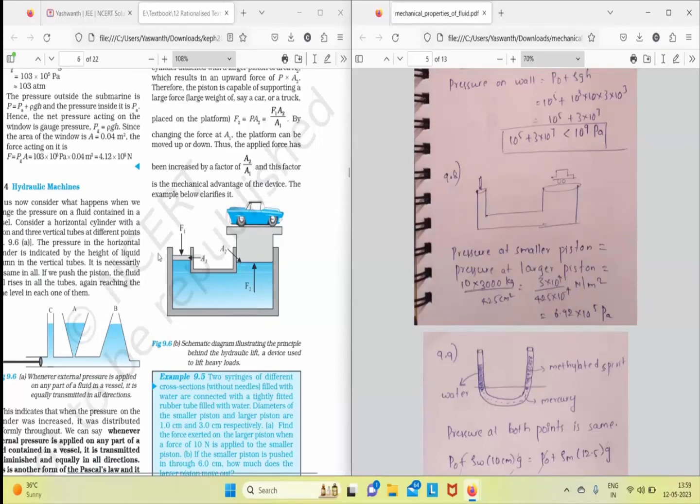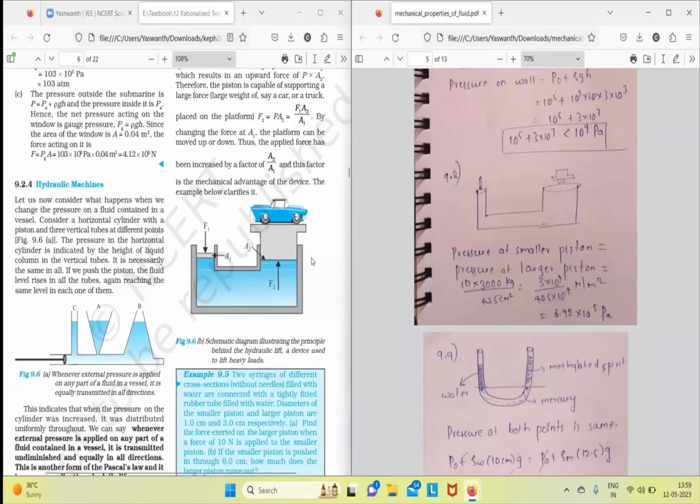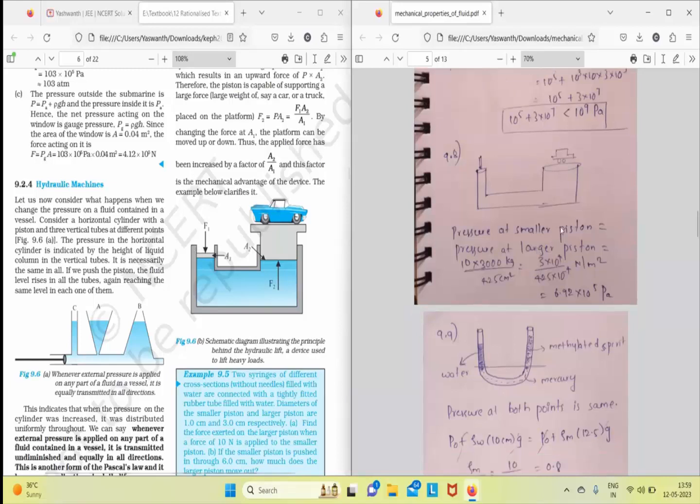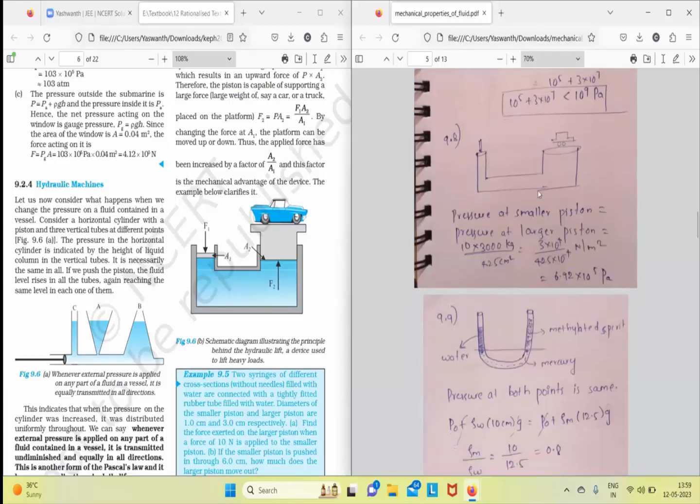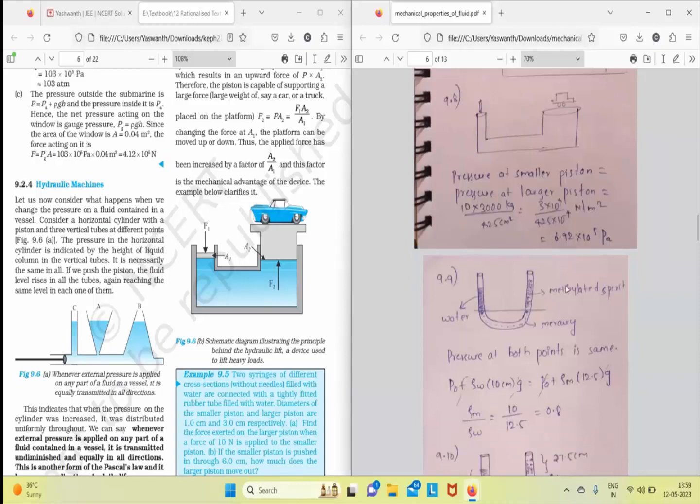So in the same way, in hydraulic machines, these two pistons will be at the same height. So obviously they should have the same pressure. So the pressure present at the larger piston will be equal to the pressure at the smaller piston, which equals the weight of the car divided by the area. That is 6.92 into 10 power 5 pascals.